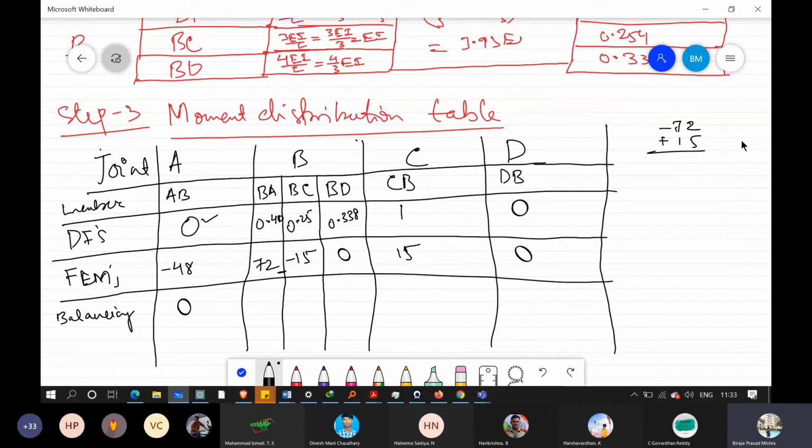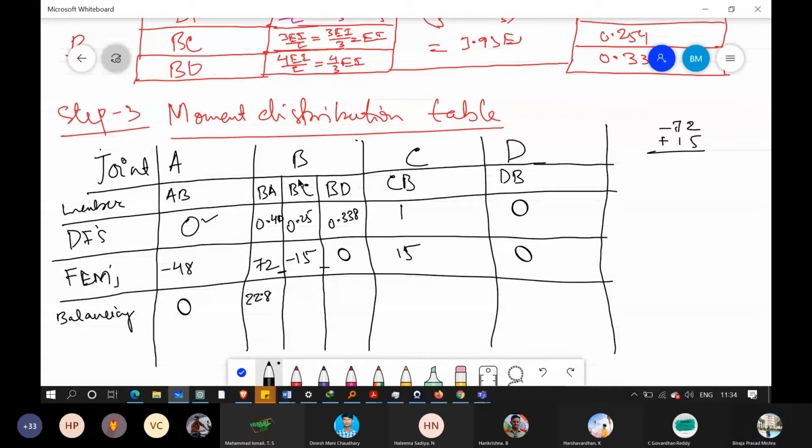So minus 72 plus 15, how much is it? Minus 57. So minus 57 means the balancing moment is plus 57. So 57 into 0.4 is 22.8. Then 57 into 0.25 is 14.25.